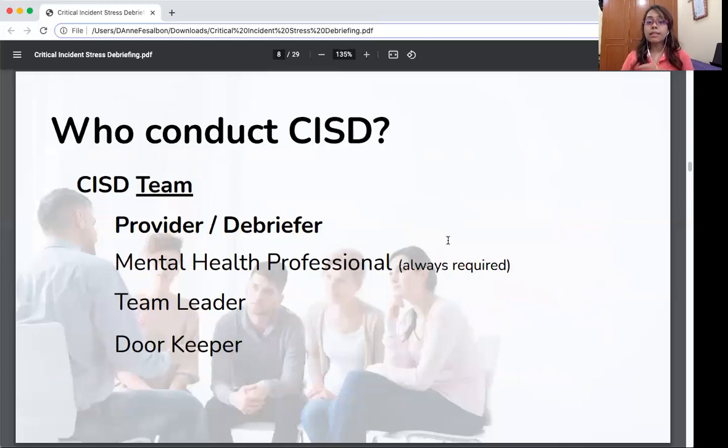So who can conduct CISD? This is the team. There's the provider or the debriefer. Then there's also the mental health professional. It's always required that at least someone who knows how to deal with mental health issues is there to assist. Then there's also the team leader and the doorkeeper. Doorkeepers are those who would be assigned to the people going in and out of the session.